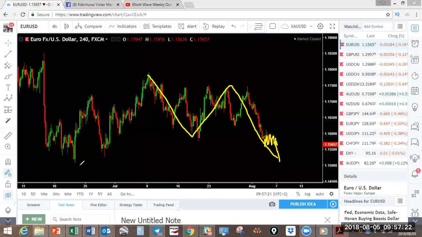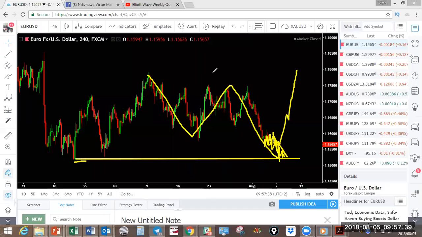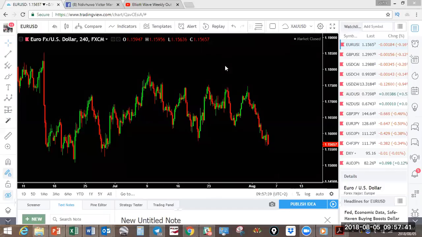I'm still looking for this, even if this takes this level right here, that will be fine. So we're going to start watching this come down here like that. It may even come down with a V pattern before we get the bounce to the upside that we're looking for. So that's how we're looking at Euro US dollar and the dollar index.